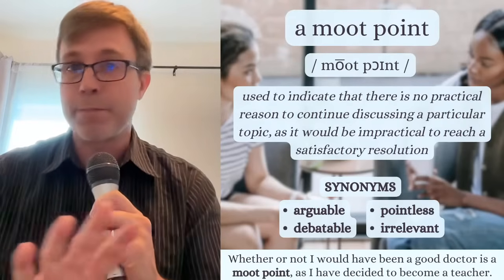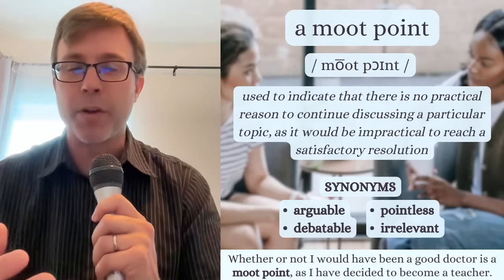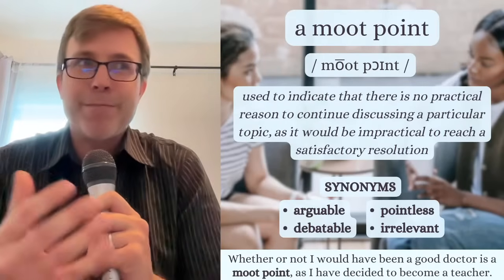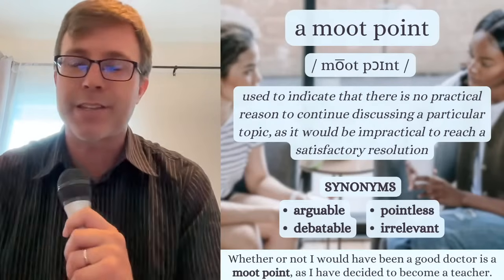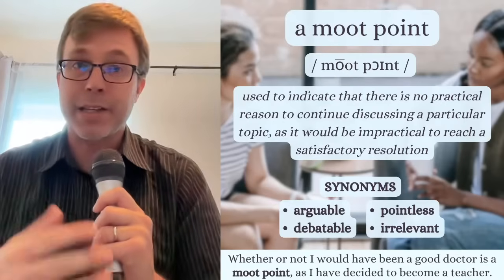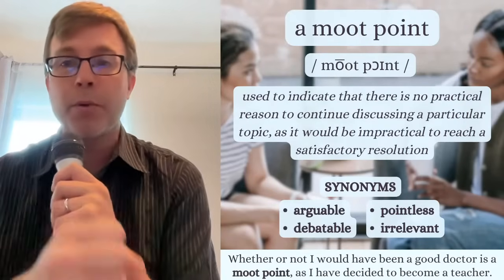They're going to have probably different opinions, and you could say, well, it's arguable, it's debatable, and really maybe if they're not going to agree, it's like, well, why even have the discussion? It's a moot point. Because in the end, we don't know. It's a moot point.